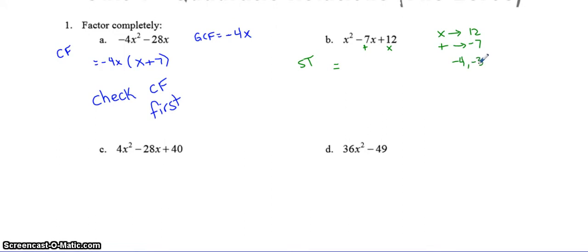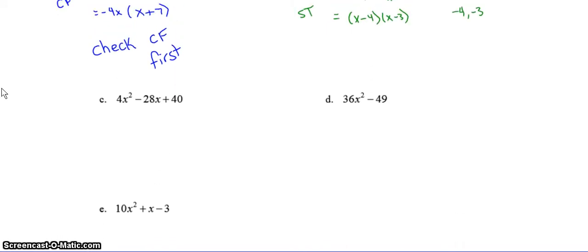With simple trinomials, once you find those two numbers, all you have to do is put them into brackets. So x minus 4, x minus 3. If you were to FOIL that out, you would be back to the beginning. Just like if you were to use the distributive property on this question, you would be back to the beginning. So that's simple trinomial.